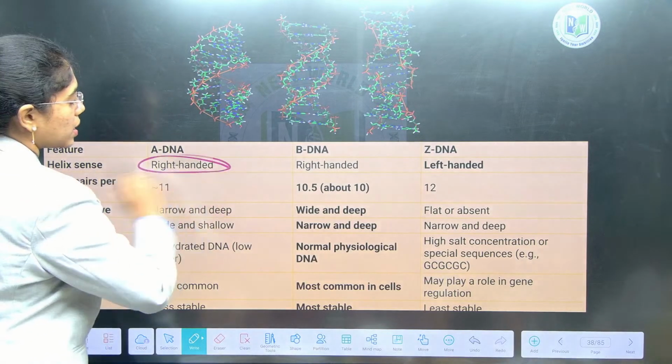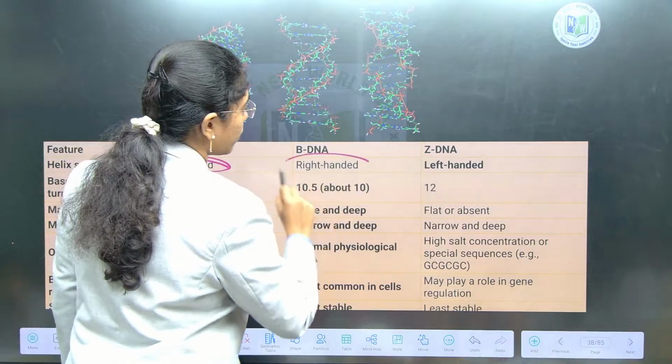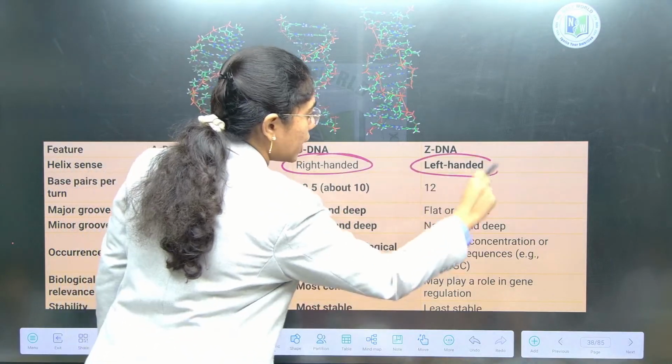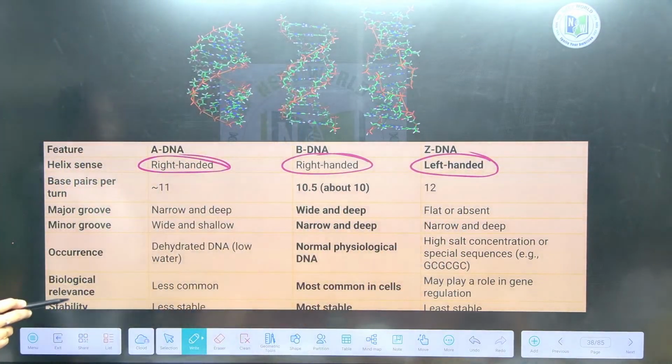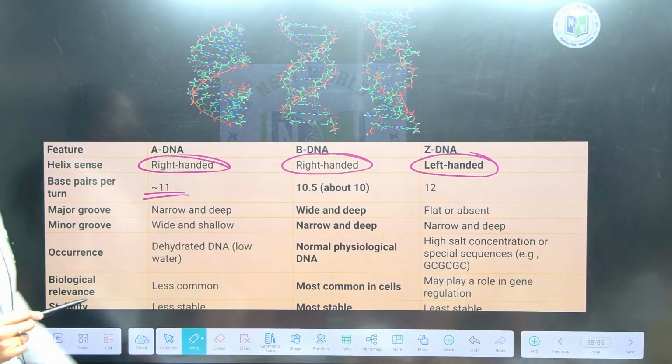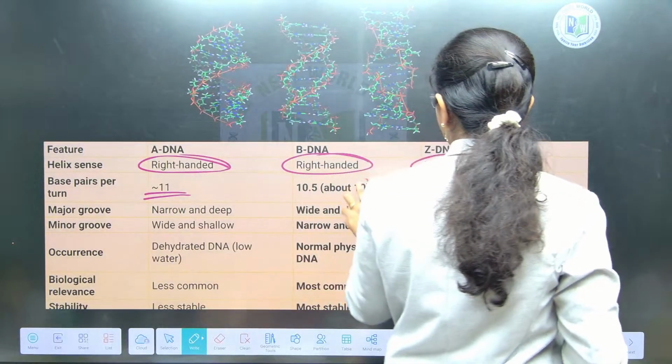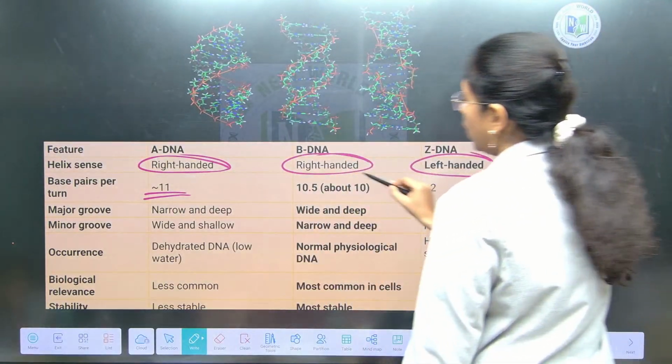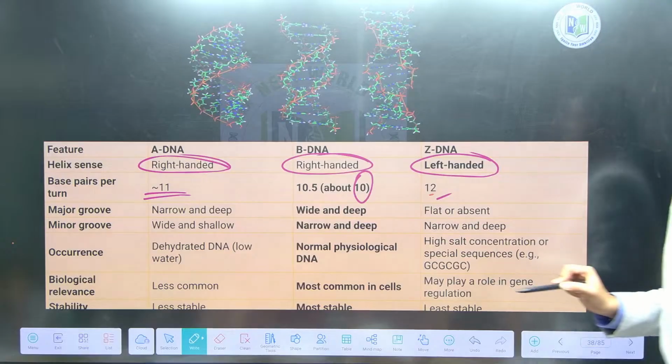A type DNA is right-handed helix, B type DNA is also right-handed, Z DNA is left-handed DNA. Number of base pairs that are present are 11 base pairs, here 10 base pairs, and here 12 base pairs.